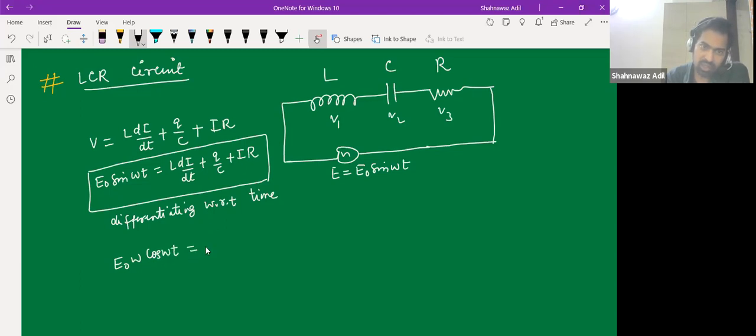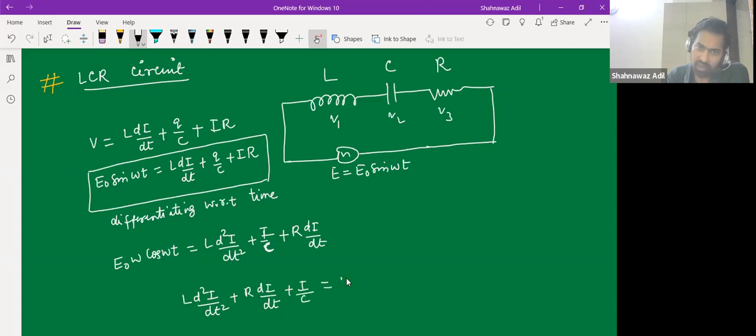And this is L d square I by dt square, and this is 1 by C dQ by dt, which is I, and then this is di by dt R. So this is L d square I by dt square plus R di by dt plus I by C, equal to E naught omega cos omega t.